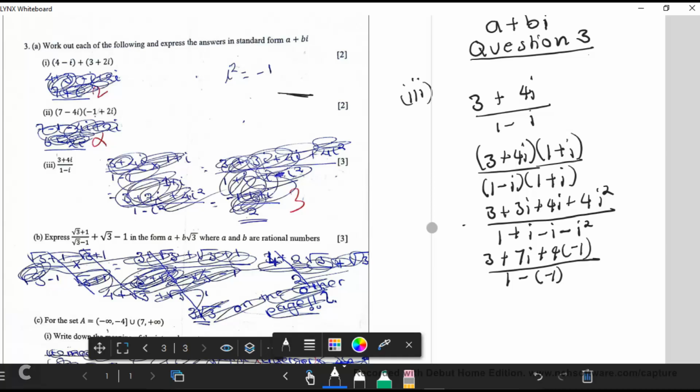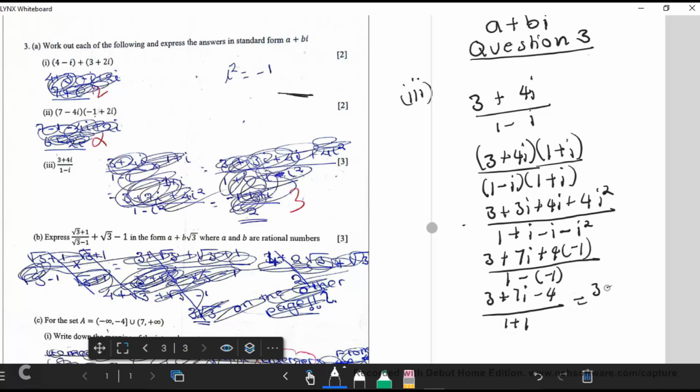Then it will be 3 here, plus 7i. This time it will be negative 4 over 1 plus 1, such that it will result into 3 minus 4 plus 7i over 2. Then from there, this is negative 1, right?